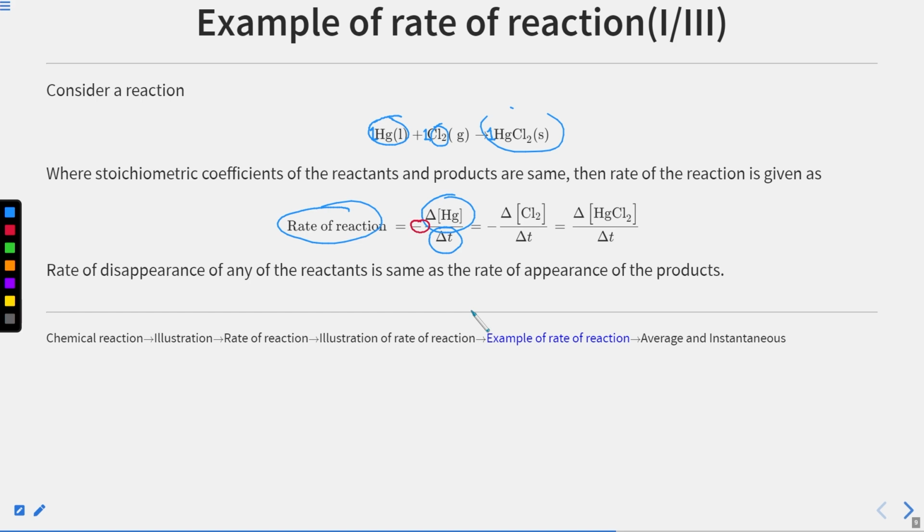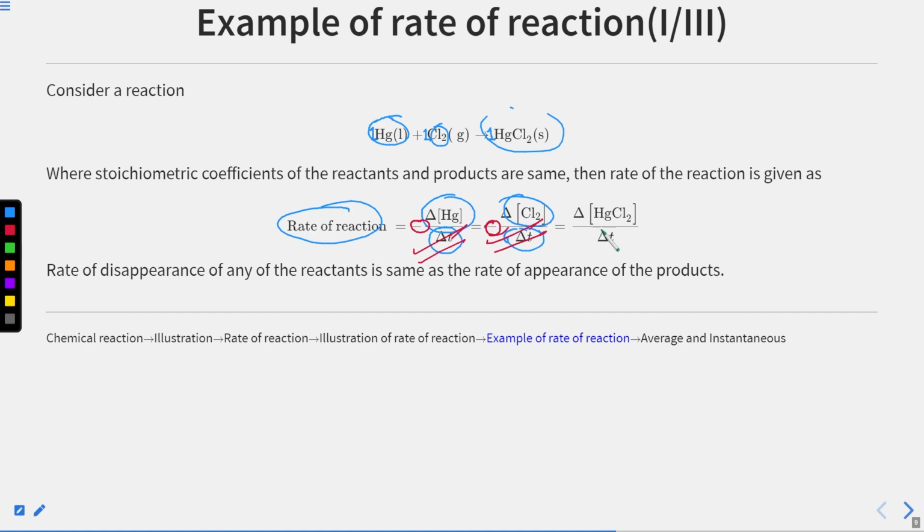So how will we write it? Change in concentration of reactant divided by the time used for this change, followed by a negative sign, so that the sign convention is maintained. So this was for reactants. Both of these are for reactants.